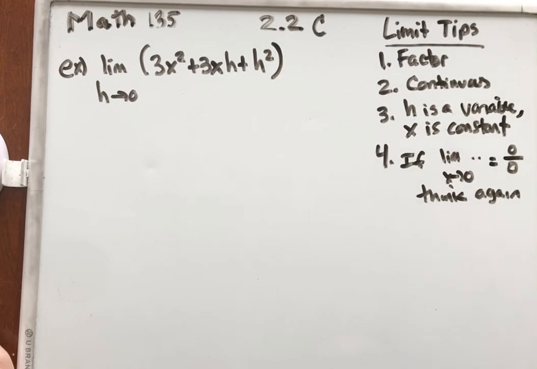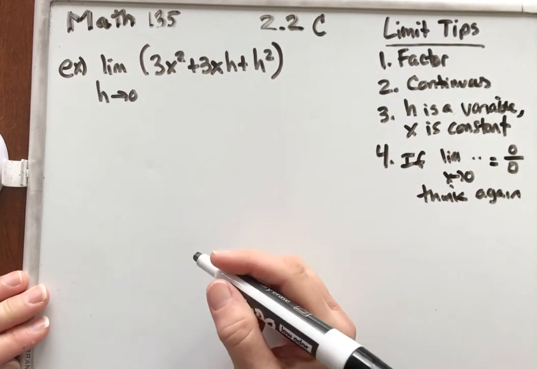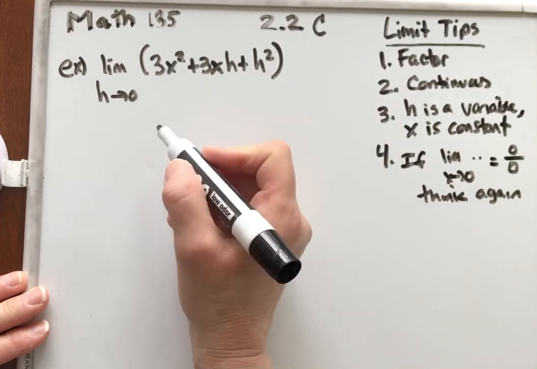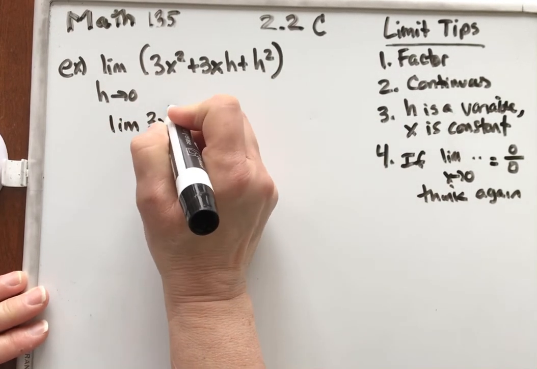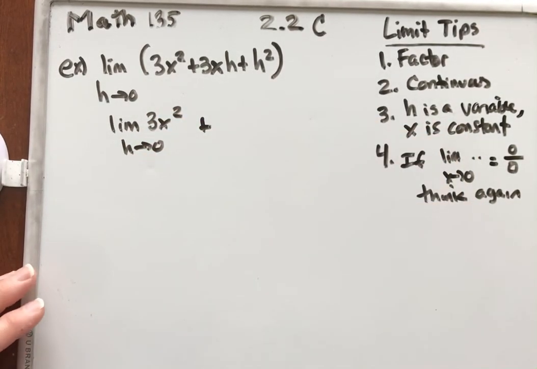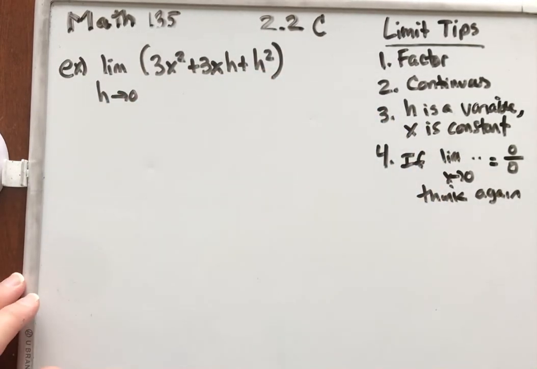So what we can do is we can separate each one of these. We don't have to write them separately. We can treat them separately. But if you want to write them separately, you could write each one of these like this, plus blah, blah, blah. But to save some time, we know that with these plus signs, we're going to evaluate each one separately.